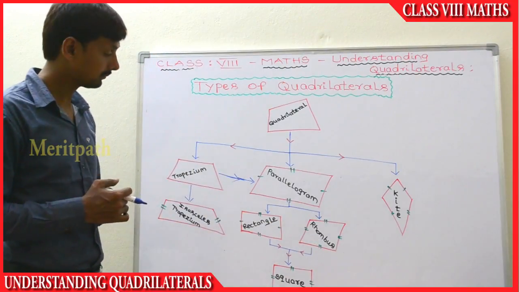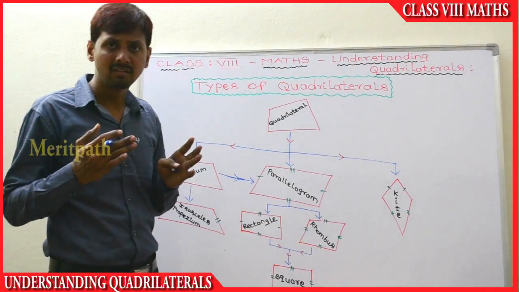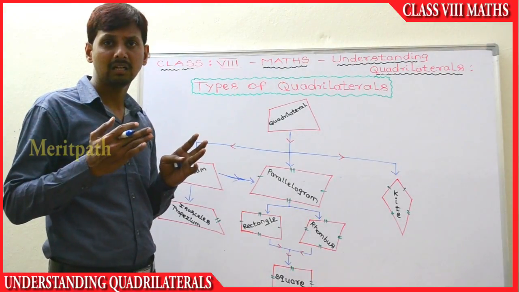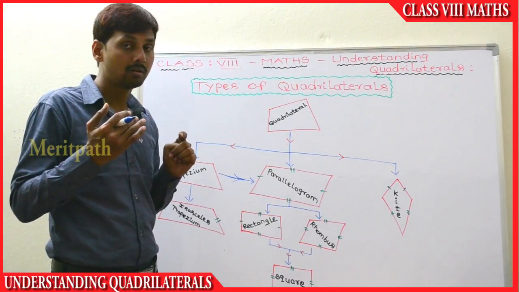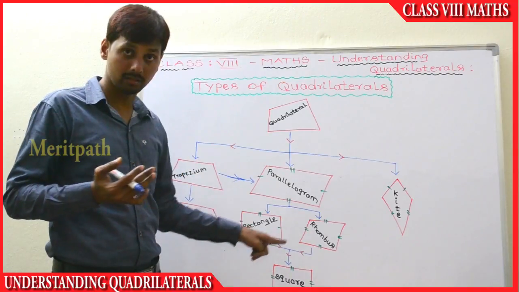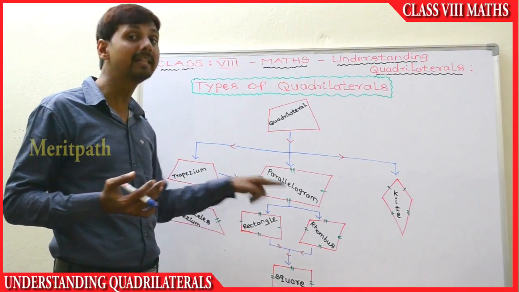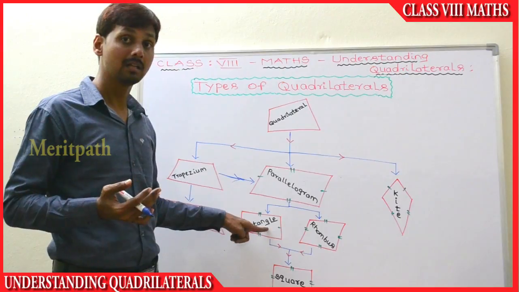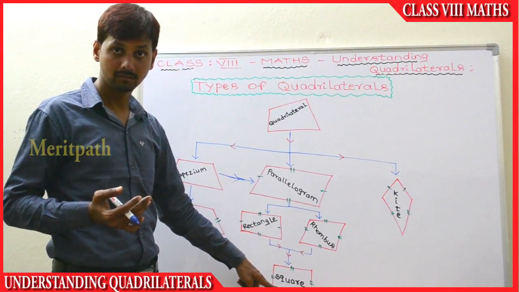And if each side of a rectangle is equal, that means all the sides are equal in the rectangle, then it becomes a square.